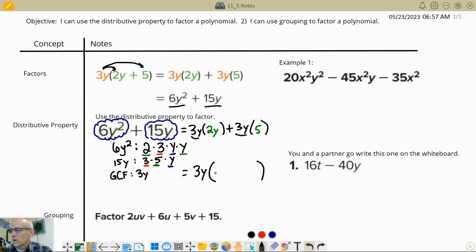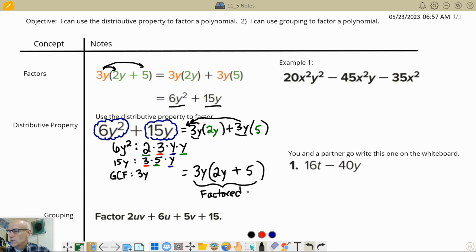Well, what would be left right here? A 2y. And what would be left right over here after I factor out, or if I distribute out the 3y? Well, there'd be a 5 over here. So it's like I'm undoing the distributive property. It's like I'm pulling the 3y back out front to some location out here, and now the 3y is sitting out front. So this is factored. It's in factored form.